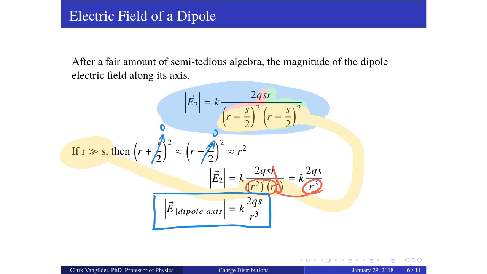The electric field parallel to the dipole axis, meaning if I have a plus and a minus in a dipole, that's the axis, so we are talking about something running parallel to that axis, has this relatively simple equation.